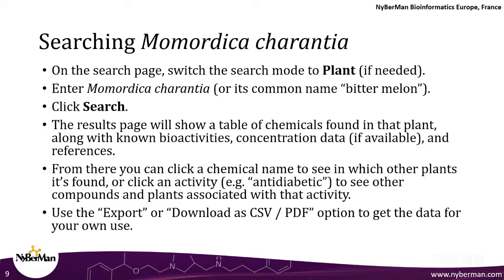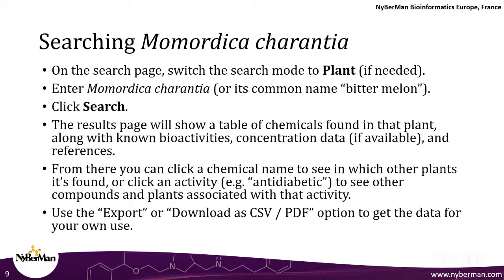And references, that data will be available here. And also, from there, you can check the chemical name to see in which other plants it is found. So if you find one compound as a novel compound, you can check that also.